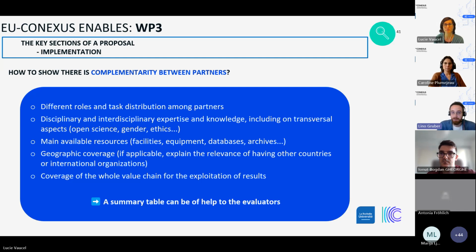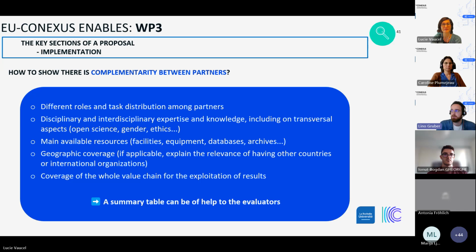Another important thing is to have partners with expertise on transversal topics, such as social science, humanities, gender dimension, ethics, open science. This is always very useful to have those kinds of partners, even if every partner should know about these aspects.